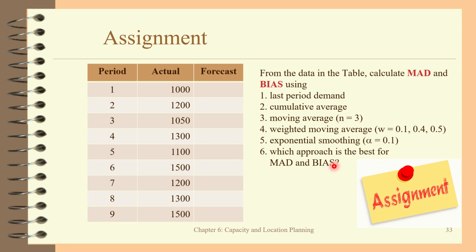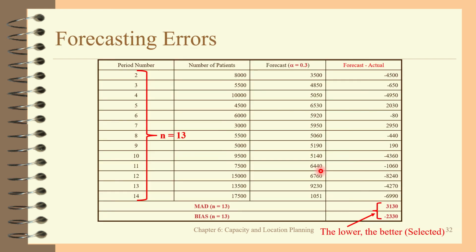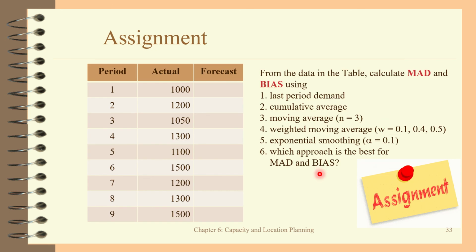So you need to do them all. What I mean is you start with the first table using last period demand, find the forecast demand from 2 to maybe 10 or maybe 9 is okay, and then calculate MAD and bias according to this table and keep it aside for a while.